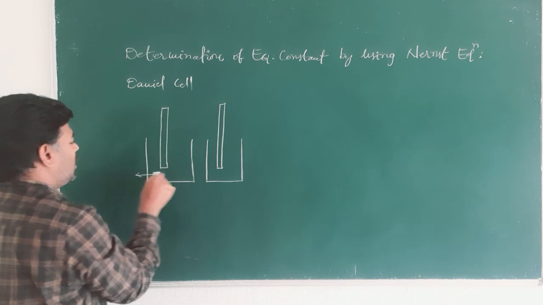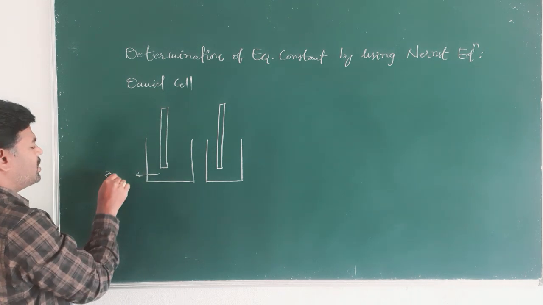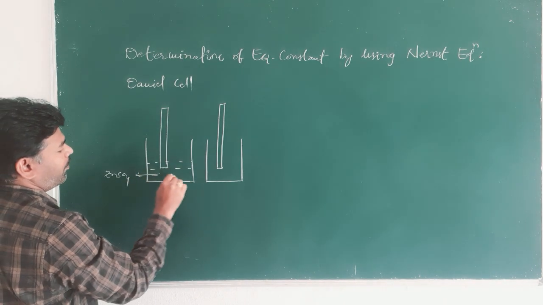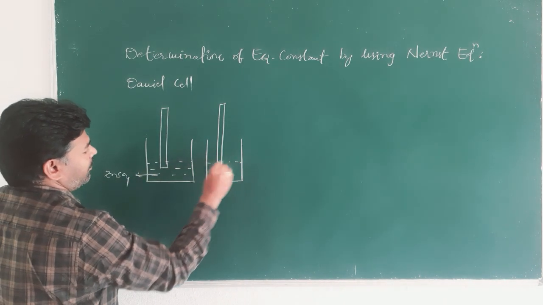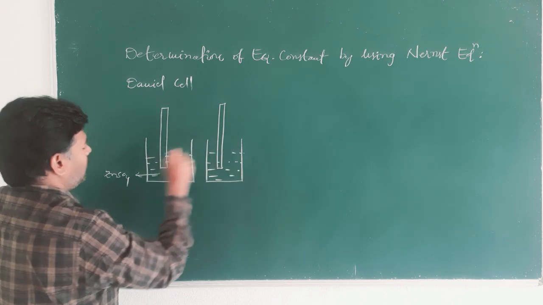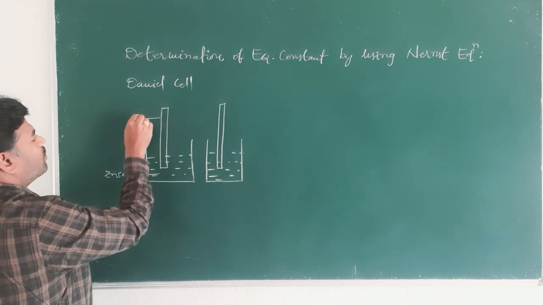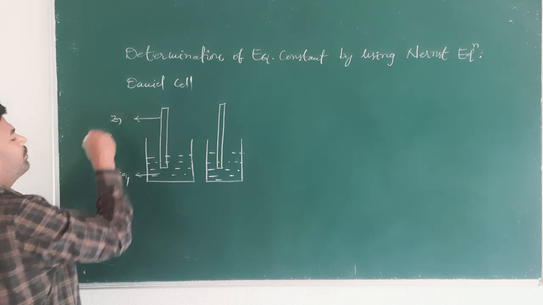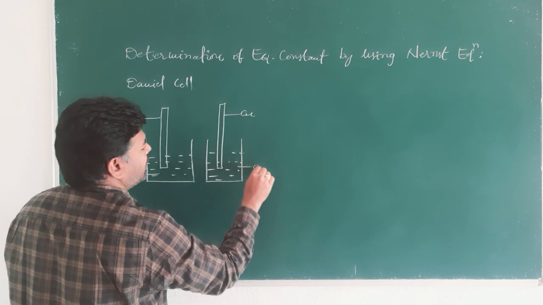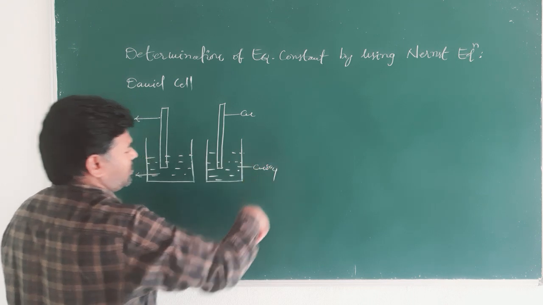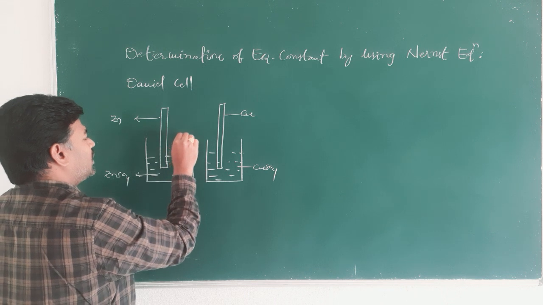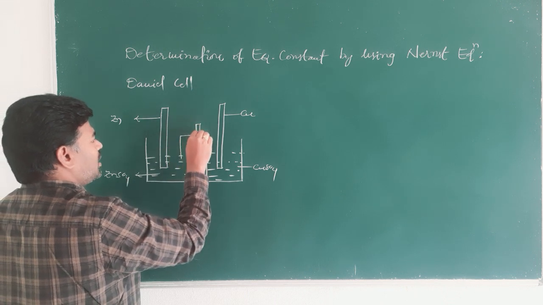This is zinc sulfate, right? This is the zinc electrode, and this is the copper electrode, and this is copper sulfate solution, and these two are connected with a salt bridge.